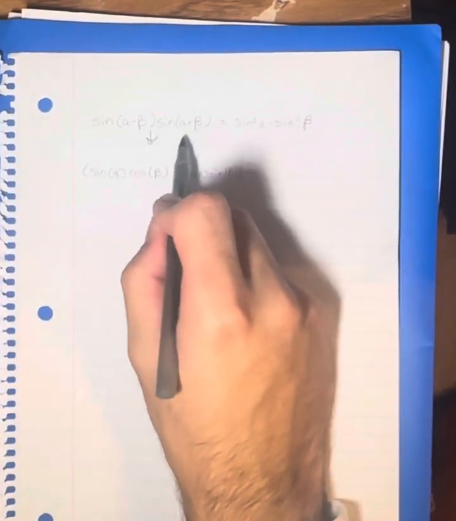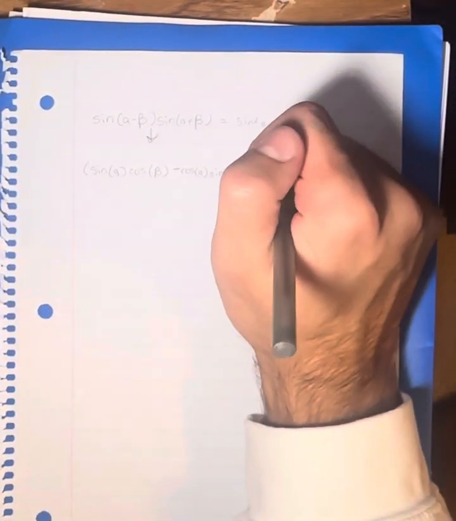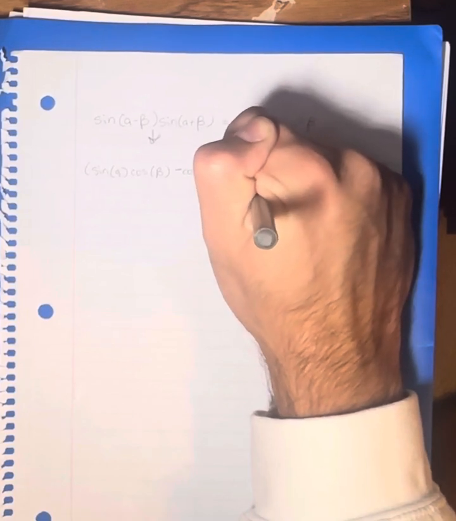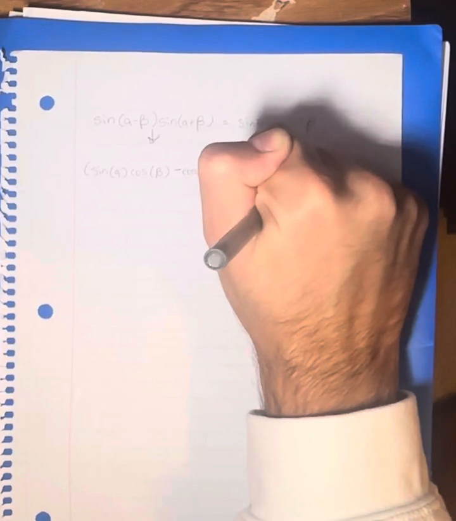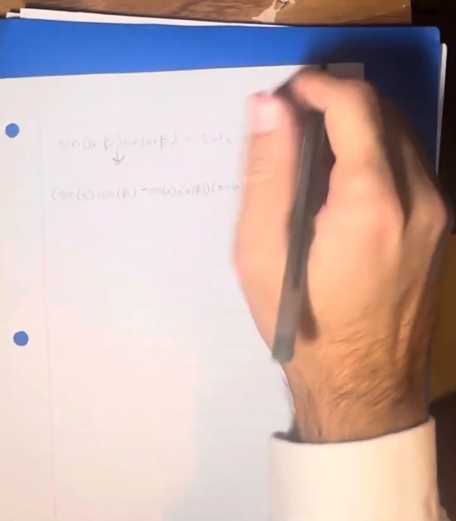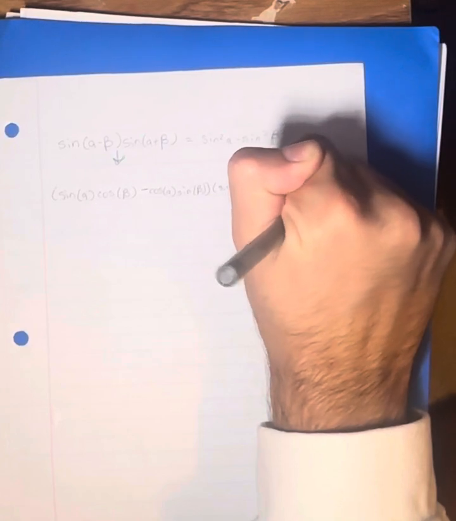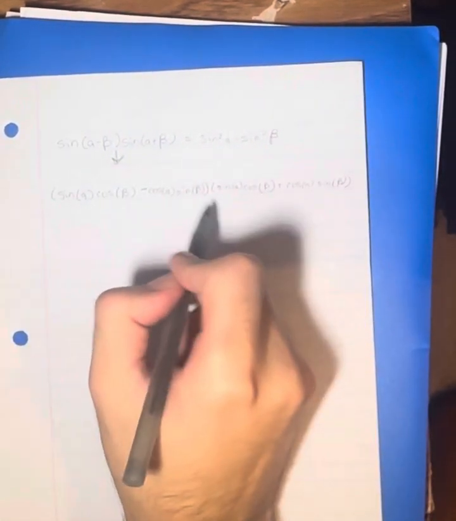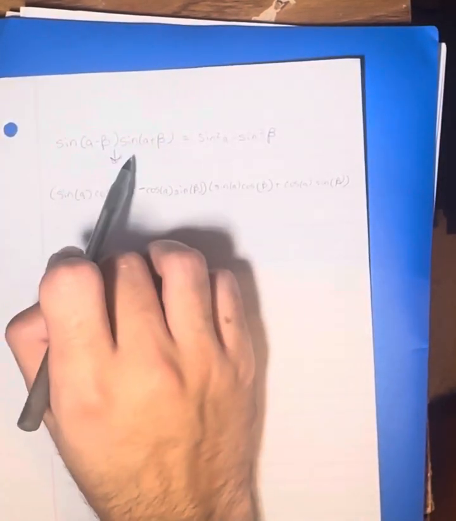And if you do the same thing to sine alpha plus beta, using the sum and difference formula, you're going to find sine alpha cosine beta plus cosine alpha sine beta. So we've expanded this, and this is what we're going to find using this left side.